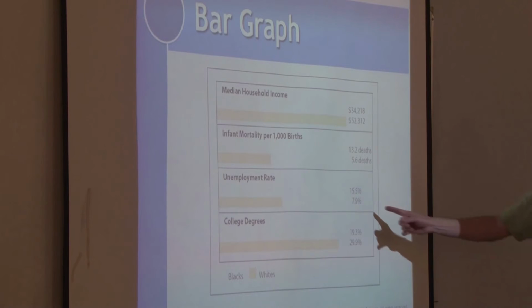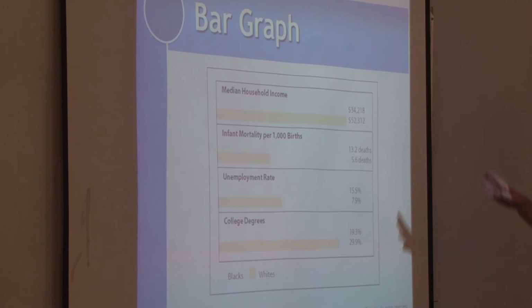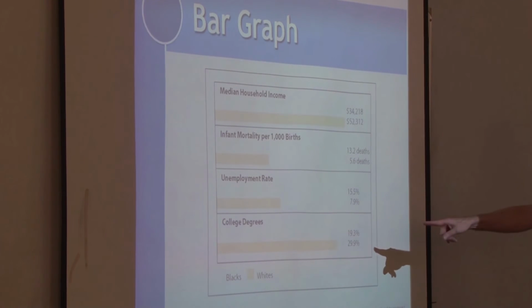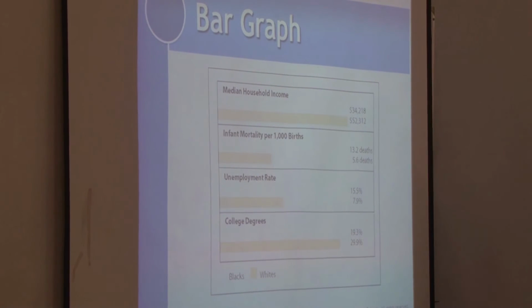But you're looking at these aspects between blacks and whites, and you're trying to see what's called the gap. This is the racial gap that a lot of people see in the country. So this is just kind of illustrating what we need to do about that. Okay, and I guess basically you're looking at college degrees. The more college degrees we have, the lower everything else will go, except for median household income.